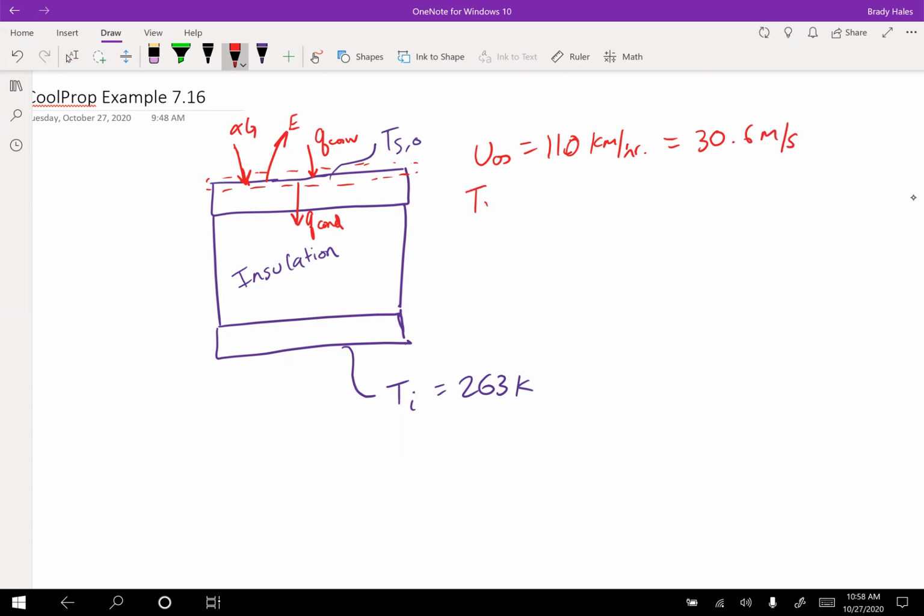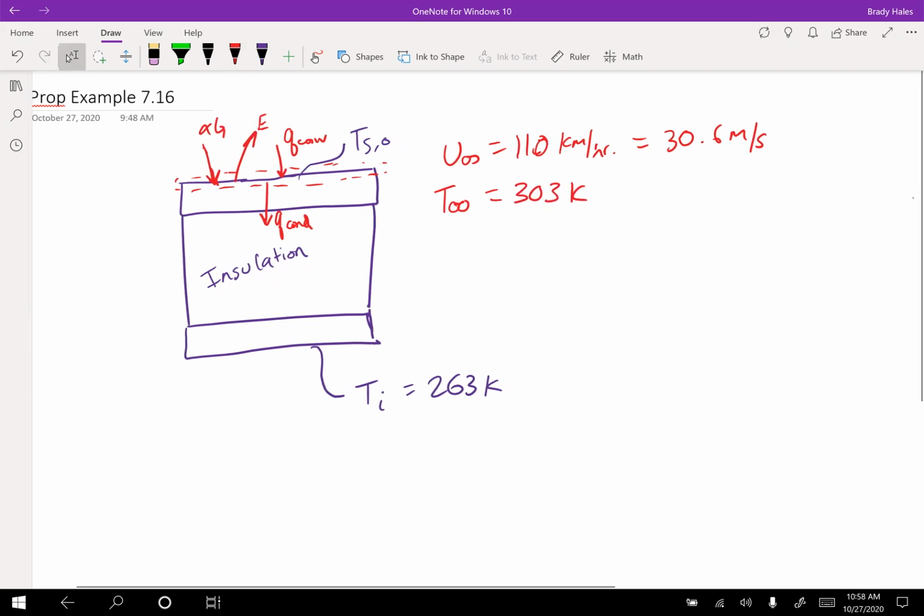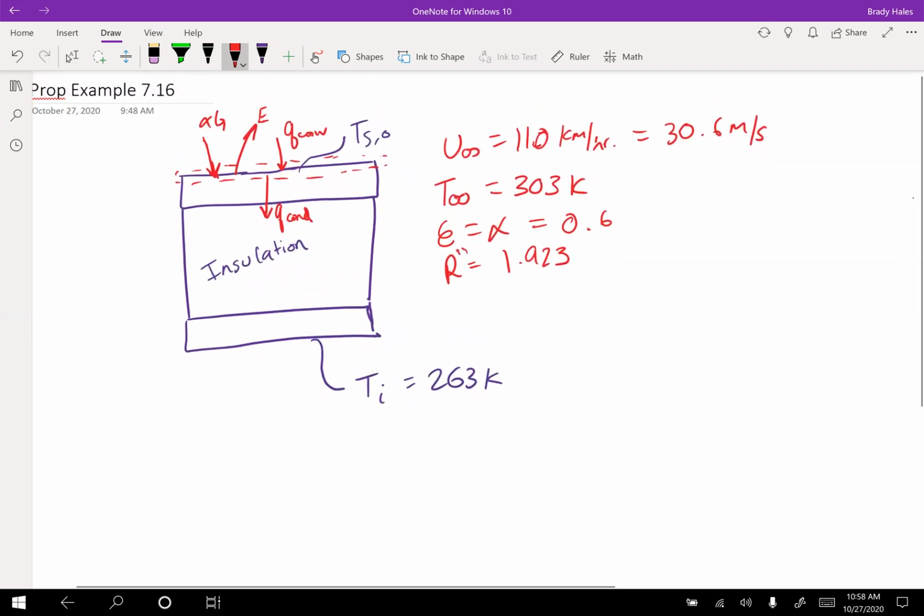We have a T infinity, which is 303 K. The emissivity, as well as the absorptivity, is equal to 0.6, at least for part A. And then you're given some other things to calculate the resistance. I'm just going to give the resistance here, since that's not what we're actually solving for, right?